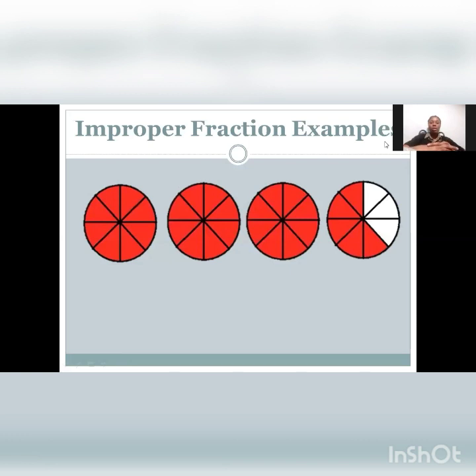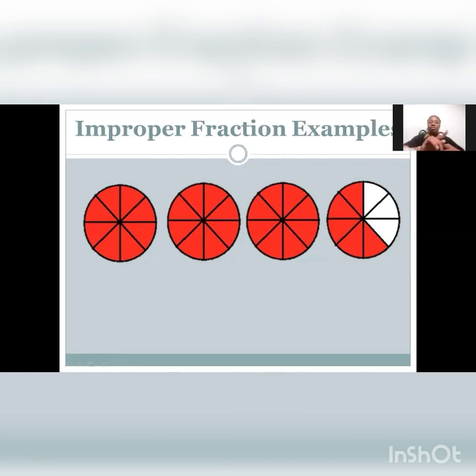Here we have 4 shapes, all equally divided into parts that are the same size. As I said before, we're going to count the number of shaded pieces, and that's going to go in the numerator. The number of equal parts in one of the shapes is going to go in our denominator. Let's do that together.